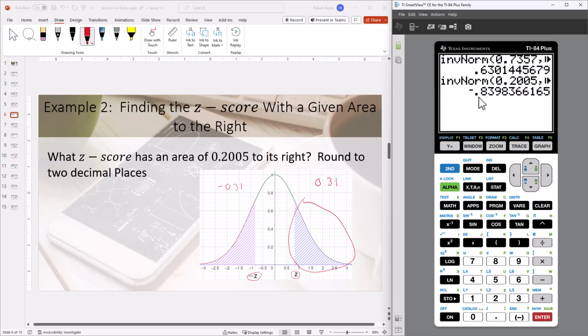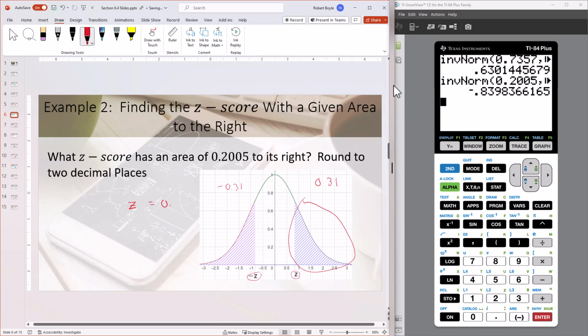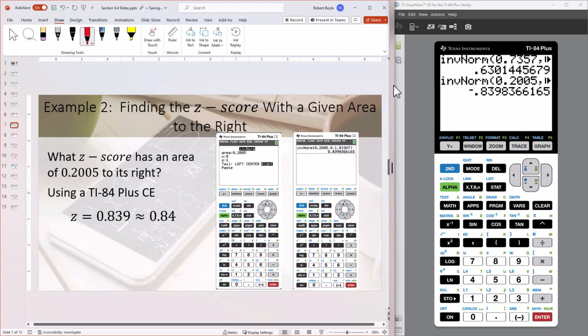Notice that our answer is negative 0.84, but once again, since that's the area to the right of z, then the correct value for z is going to be the negative of that. So z here will be equal to positive 0.84, which is exactly what we have here.